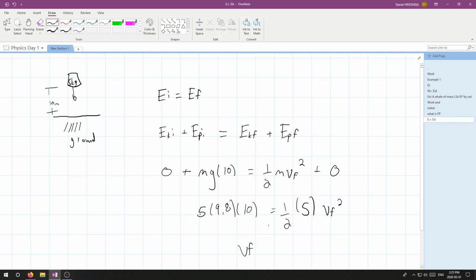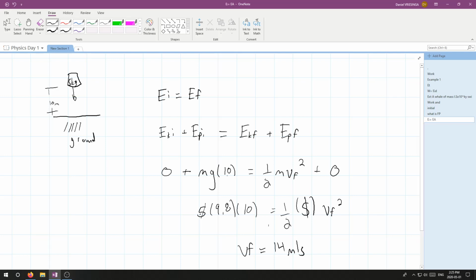Let's do it. It's going to equal, well, the 5's do cancel, so why don't we just get rid of them. It's going to equal 2 times 9.8 times 10 square rooted. Great. So the final answer is 14 meters per second. And that's the answer I got in the first problem as well.